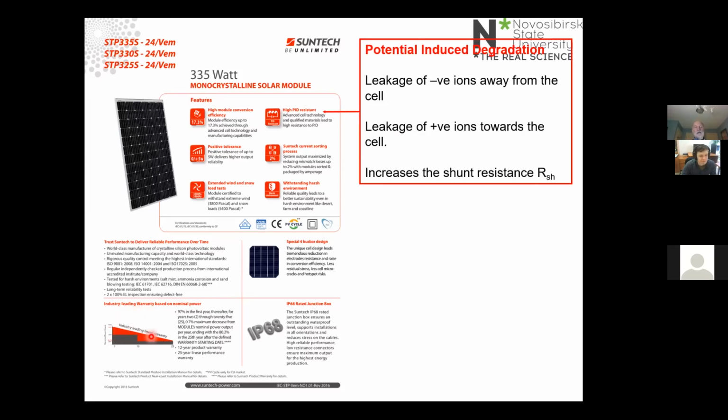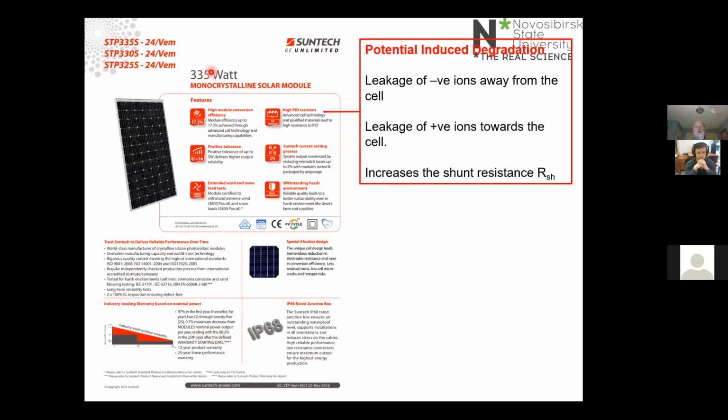And that guarantee consists of a statement about how much power the module will produce after that time compared to the rated power when you first buy it. All modules degrade over time, and typically they degrade over 20 years by something like 20%.